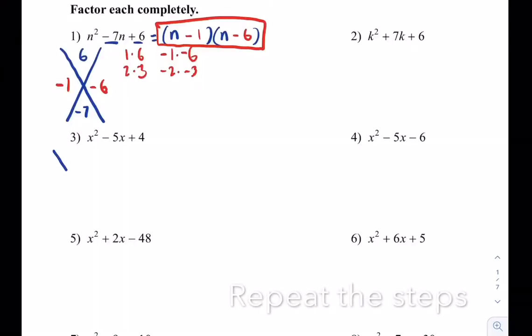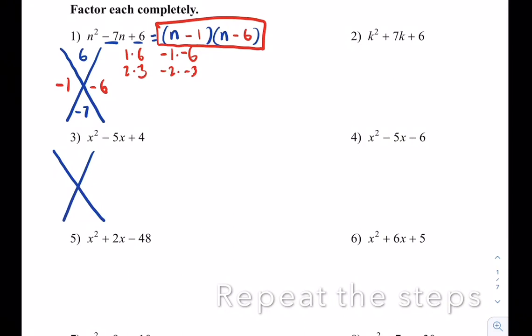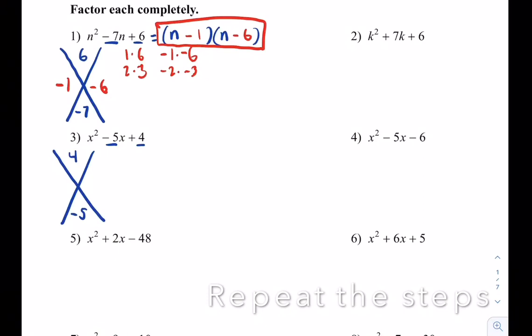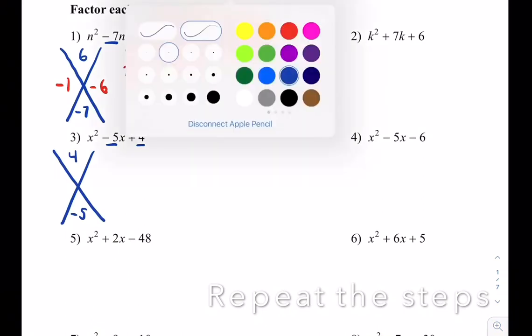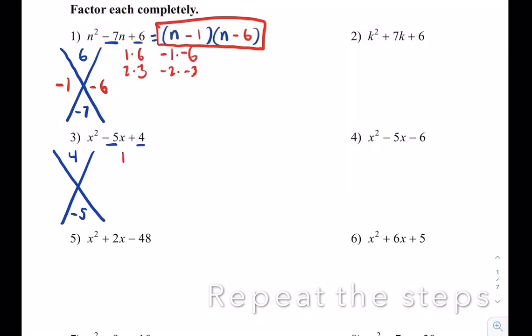Okay, for number 3, same thing, do our x. Start with 4, put that on the top, negative 5, put that on the bottom. Two factors are going to multiply to 4, add to negative 5. So 1 times 4, that doesn't work. It has to be negatives, right? So negative 1 times negative 4.